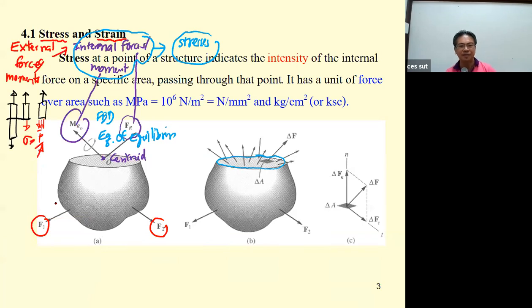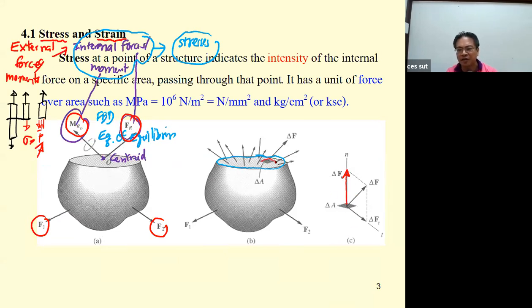over A. And actually the F sub R or even the moment M sub R, the resultant force and moment, will produce forces.